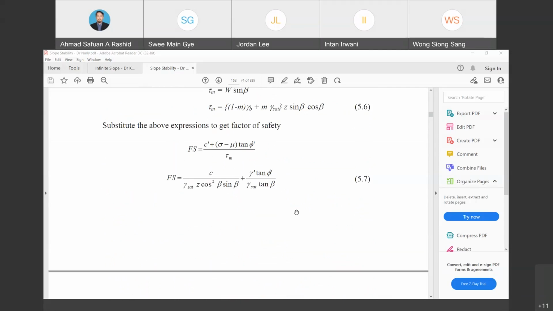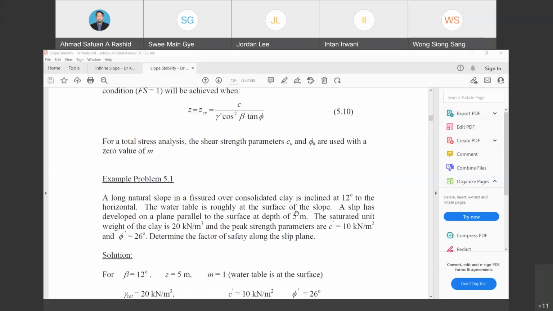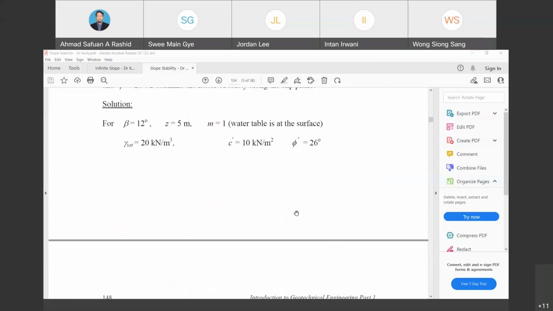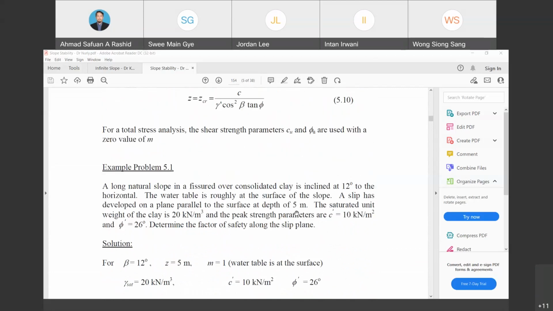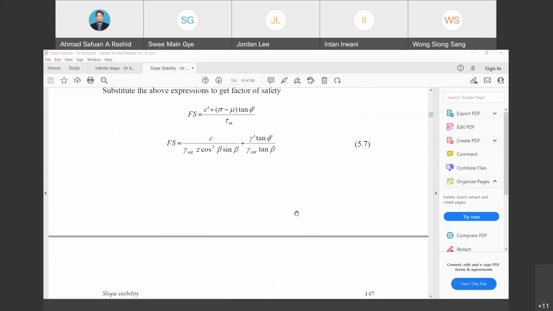For example, for the c, c is equal to 10, minus 10 over saturated unit weight times Z cos square beta sine beta. Plus gamma prime.